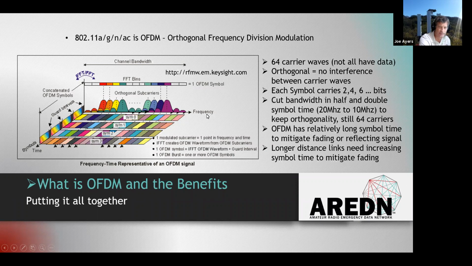Now, I don't dive into this presentation, but there's an entirely other complex mechanism as to how the data is interleaved, or put on those carrier waves, so that if you lose any of the data on one carrier wave, the forward error correction codes will recover it.